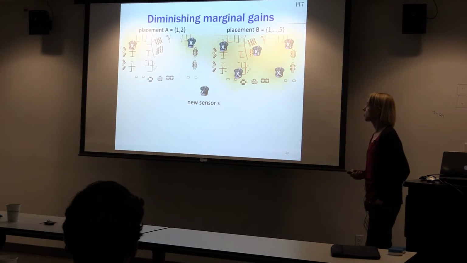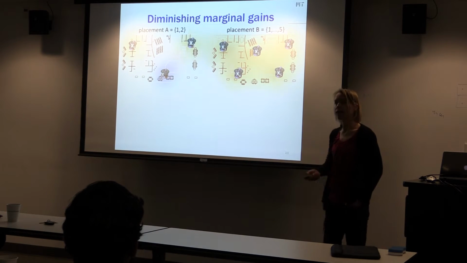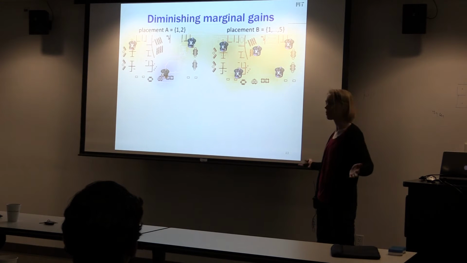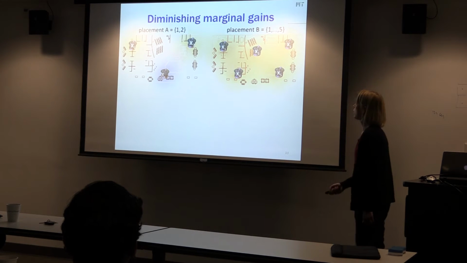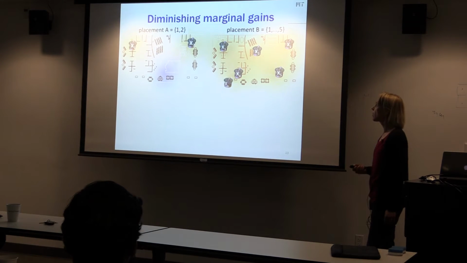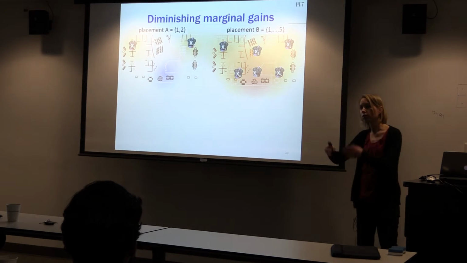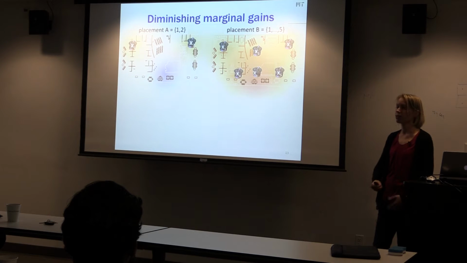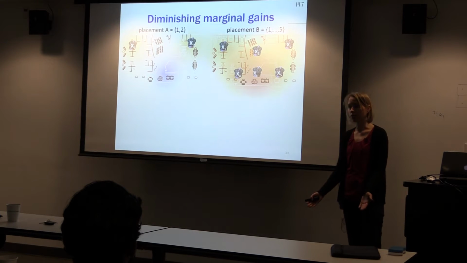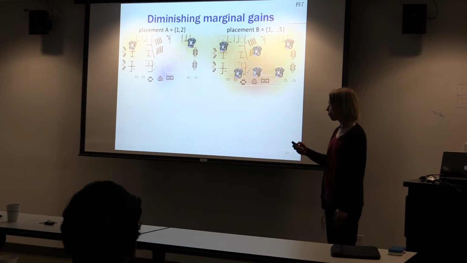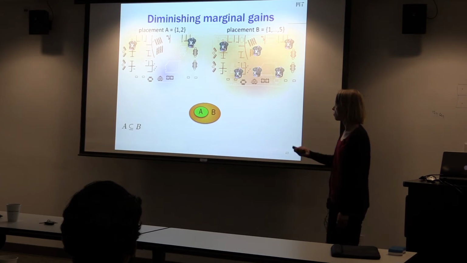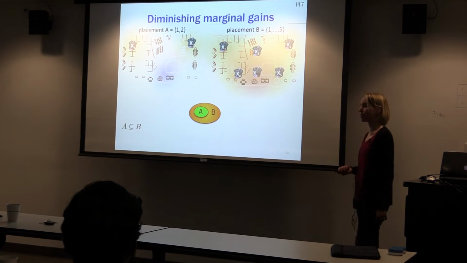The new sensor comes in, and on the left-hand side, I gain a lot from adding it because there's a lot of area that I haven't covered yet. On the right-hand side, the new sensor comes in, and I've pretty much covered everything. I already know everything, so the new one doesn't give me a lot of additional information. So formally, what happens here is that I have a smaller subset of a bigger set B.